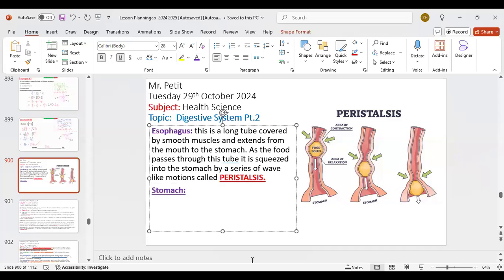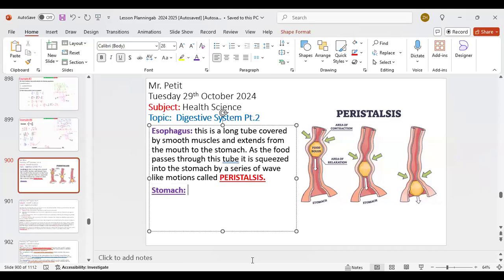So the stomach is an organ that's made up of very strong, smooth muscles that help to grind the food. You can't see what I'm writing?